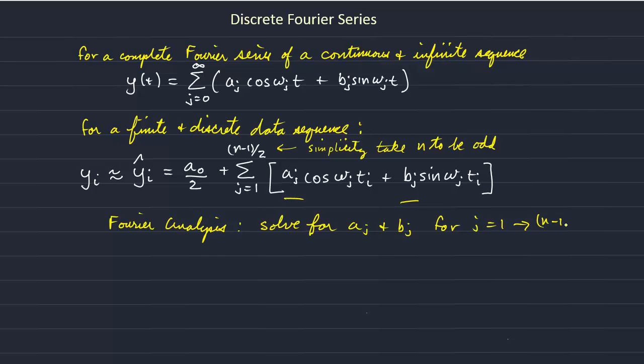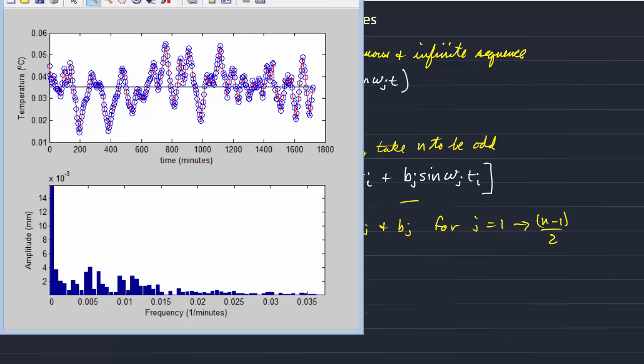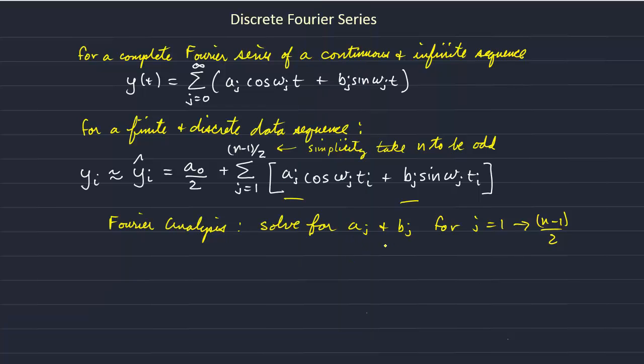So this is our aim here. And again, if we look at our example of temperature in our borehole, we had temperature variations as a function of time, and I showed you how we did this Fourier decomposition to produce this periodogram showing the amplitude of each harmonic component. And so these amplitudes are what we're solving for when we solve for A0, Aj, and Bj.